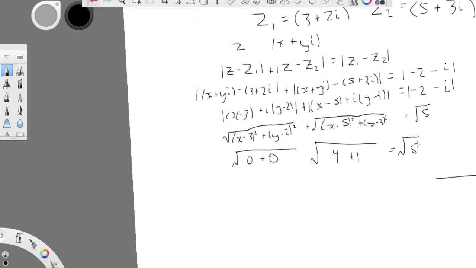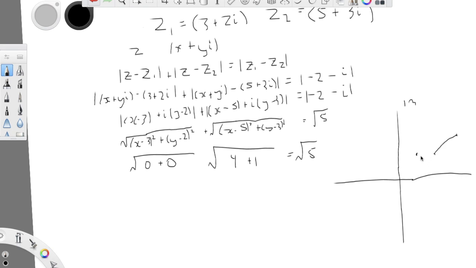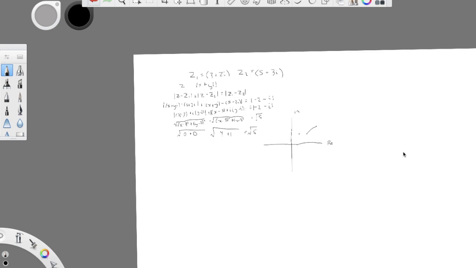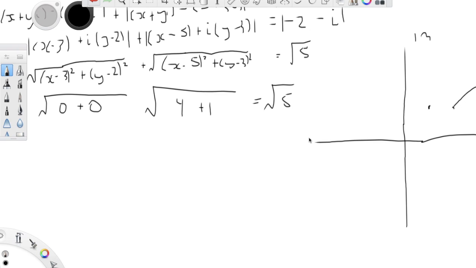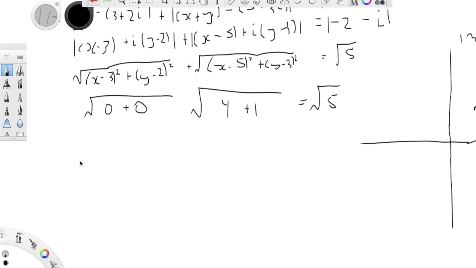And how can we prove a point out here wouldn't fit this rule? Let's call this point 1, 2. Hang on, let me just get this graph back in the center. It's kind of freaking out on me a bit. We'll sub 1, 2 into this equation. In the first part, 1 minus 3 squared equals 4, plus 2 minus 2 squared equals 0, so root 4.